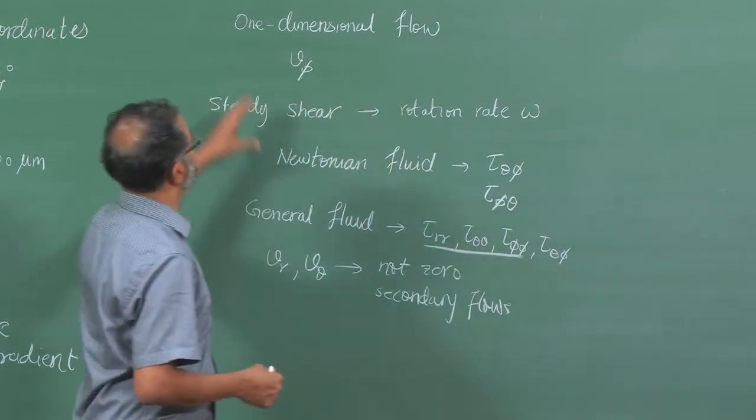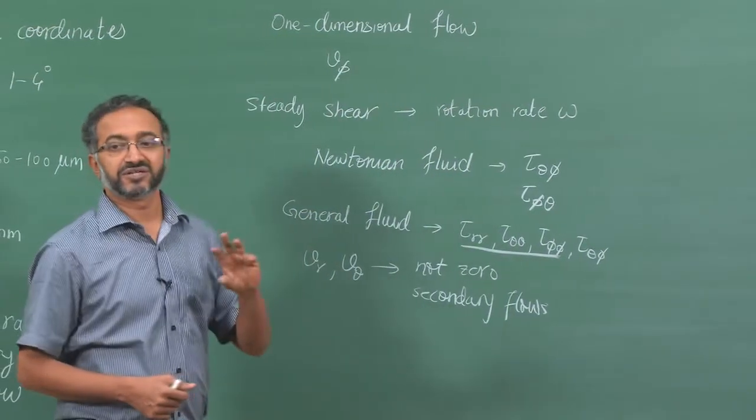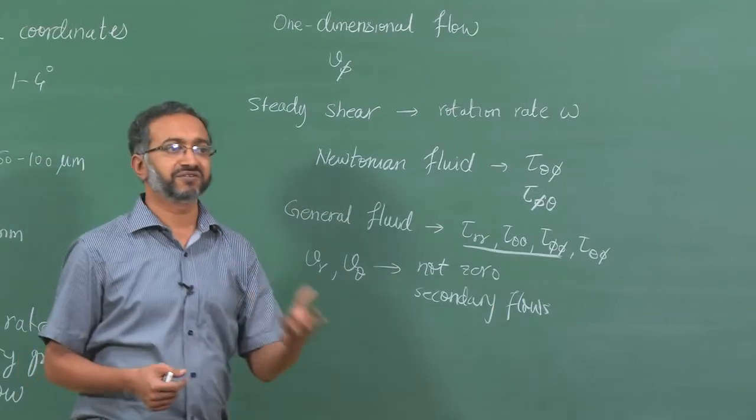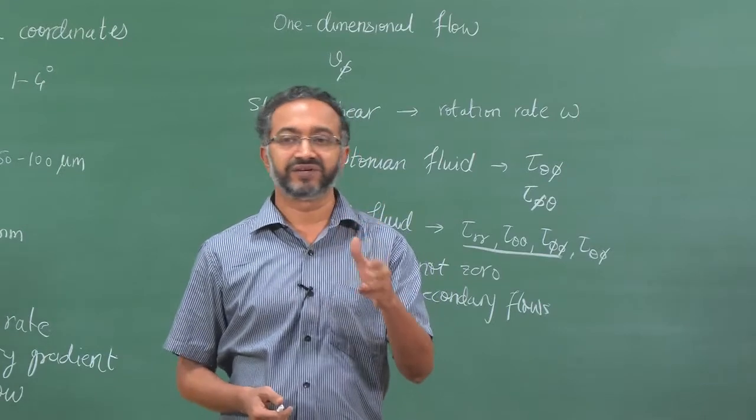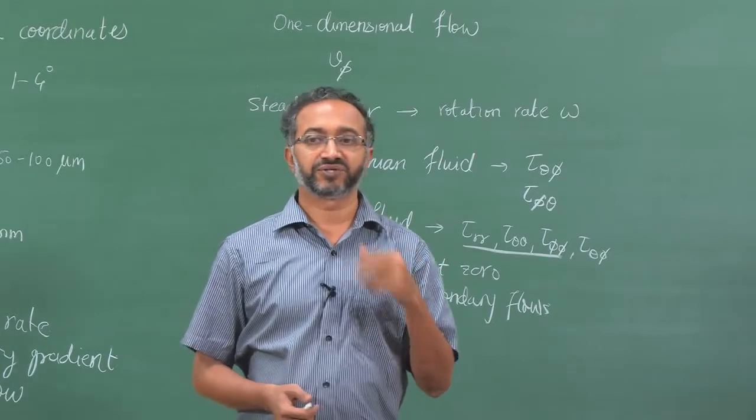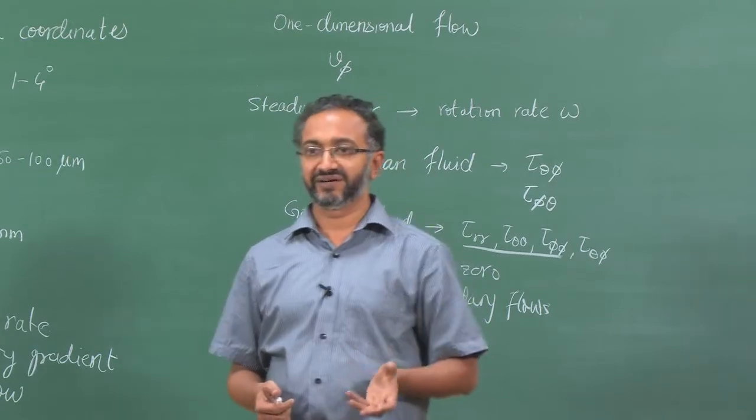Generally what we will see is that we have a 3 dimensional situation. So, there are 3 governing equations of Navier-Stokes, one for Vr, one for V theta, and one for V phi: r direction Navier-Stokes, theta direction Navier-Stokes, phi direction Navier-Stokes.